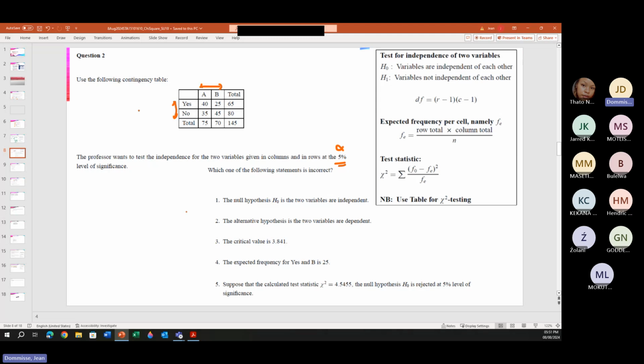Okay, so the first question, the null hypothesis, is that the two variables are independent. Correct. The alternative hypothesis is that the two variables are dependent. Now look at those wordings. So we used "not independent."